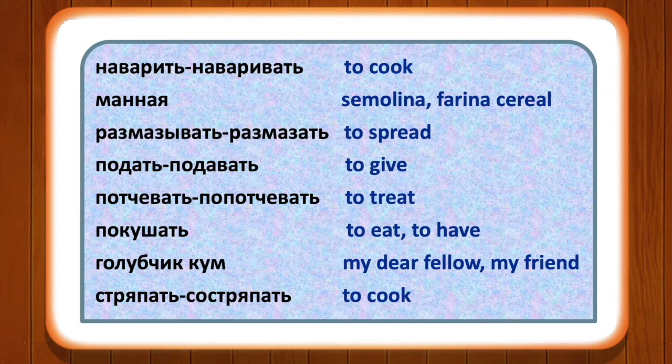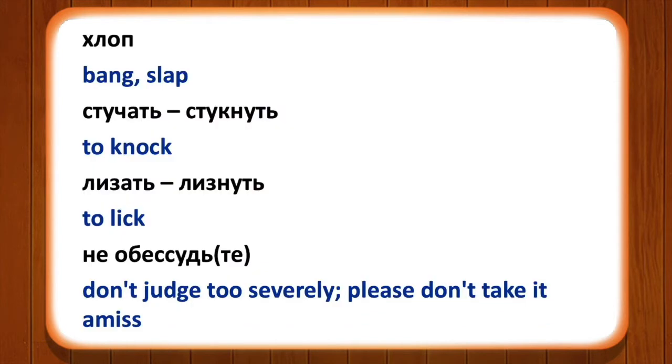Next word we have хлоп. Хлоп. That means bang or slap. Next word we have стучать, стукнуть. That means to knock. Next we have лизать, лизнуть. That means to lick. Next we have не обессудьте or не обессудь.